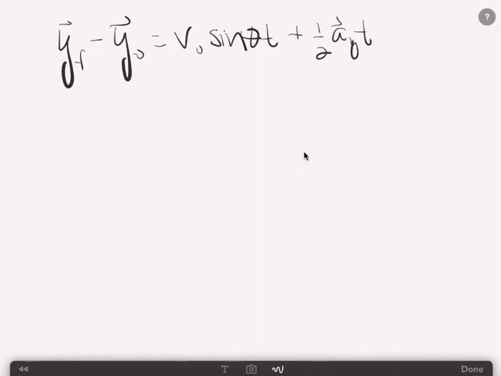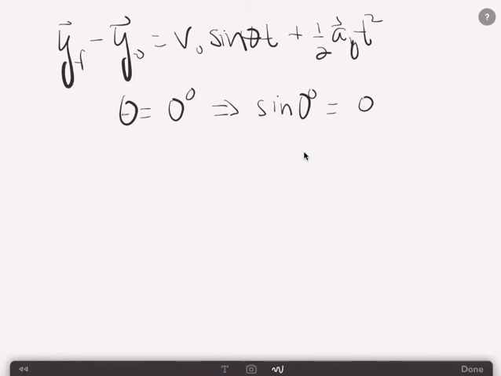YF minus Y initial equals V naught sine theta times T plus 1/2 AY T squared. There are a couple of things that you want to look at. First thing is the angle. We're firing it at 0. This implies that the sine of 0 degrees is 0.